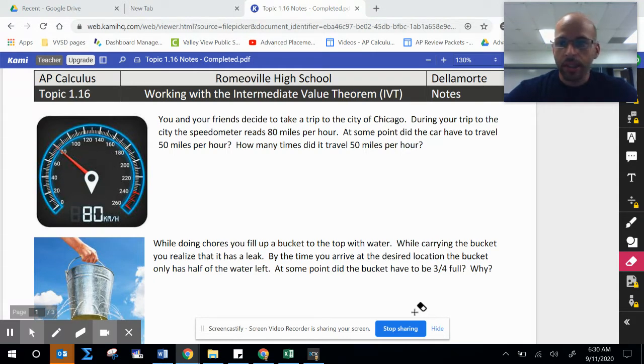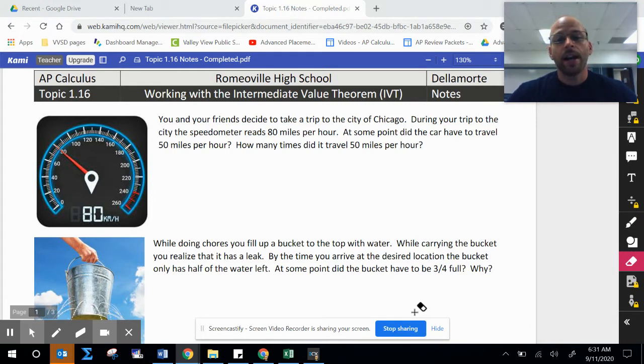And ultimately, our answer here is that it does. It has to, unless your friends pick you up at 80 miles per hour and you hop in at that speed, I guess you can try to argue with it. But ultimately, you're starting from a stop, you're going to 80 miles per hour. You have to pass through 50 at some point in time. So the answer is yes.